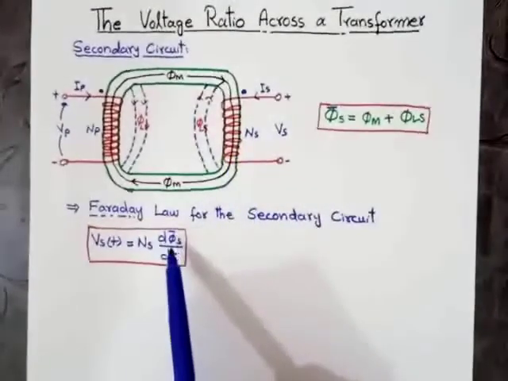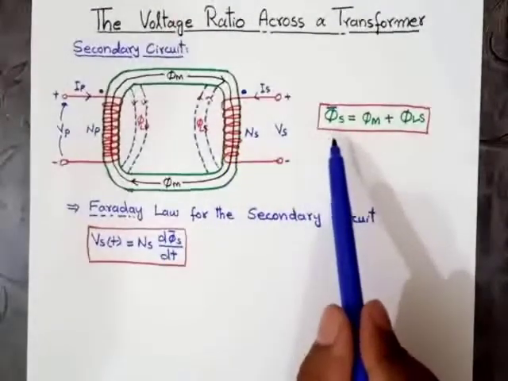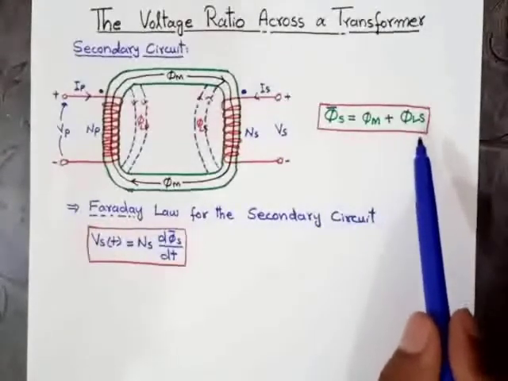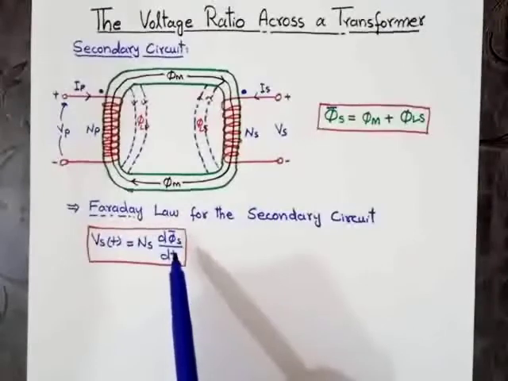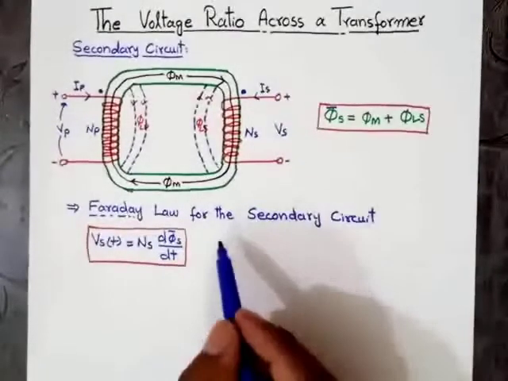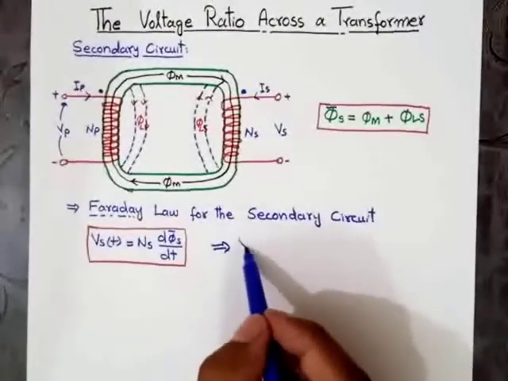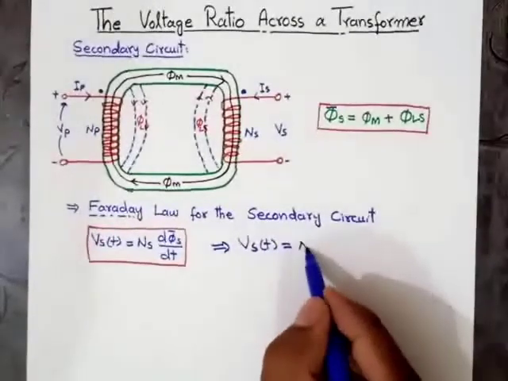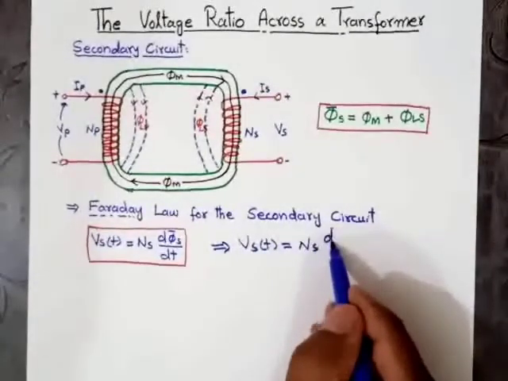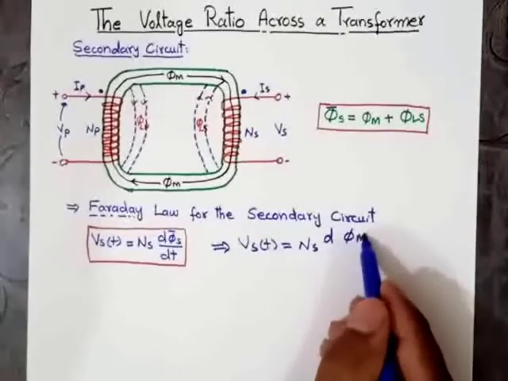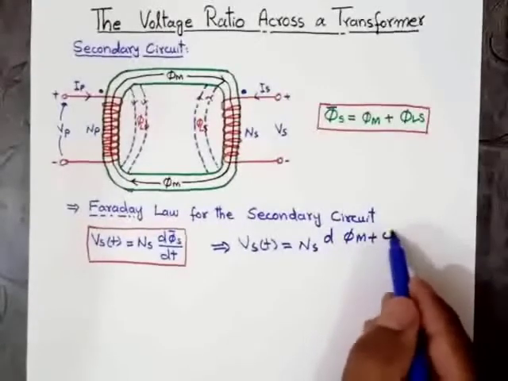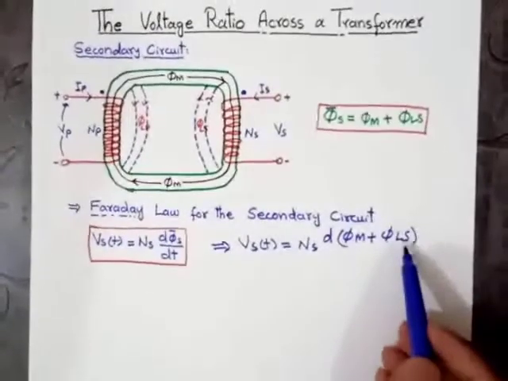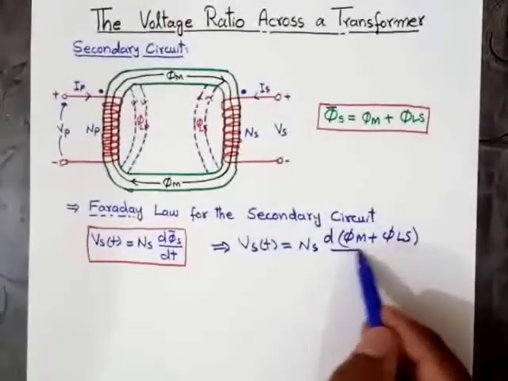Putting the value φ'S = φm + φls in this equation, we get Vst = Ns d(φm + φls)/dt, where φls means the leakage flux across the secondary circuit.